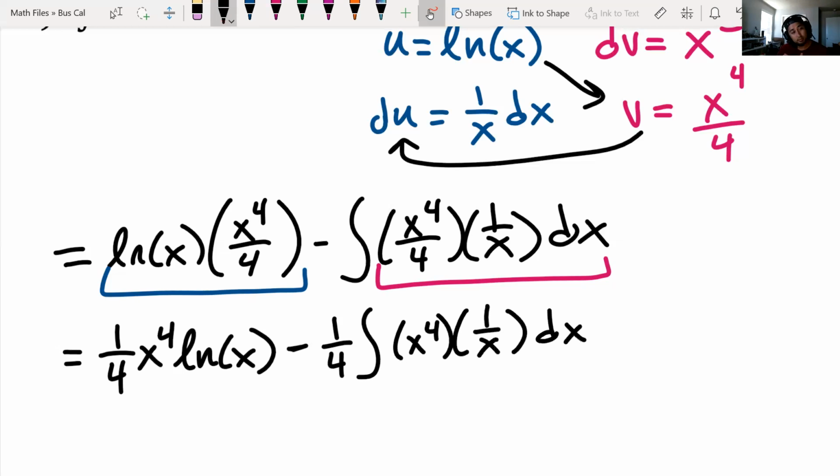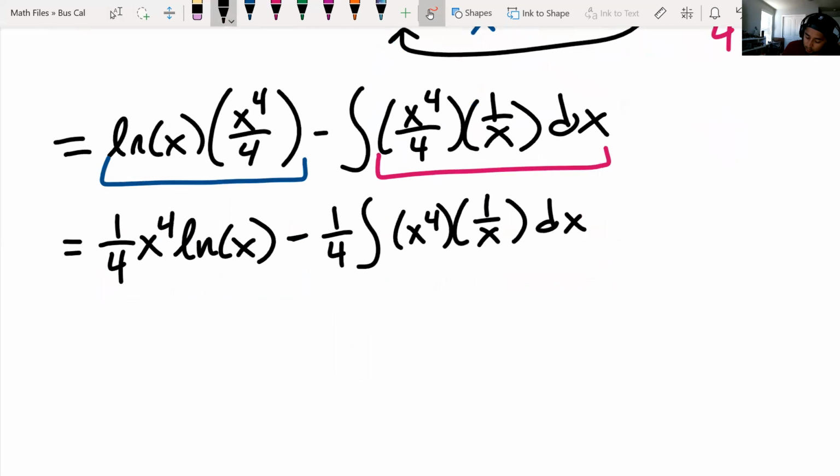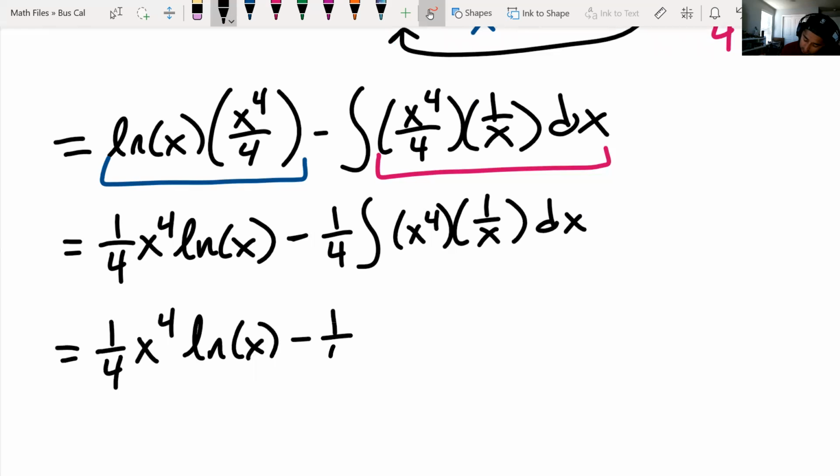So that's all I did there. Move that 1/4 out. And now clean up one more time, and we should be ready to find the antiderivative again. Now, x to the 4th times 1 over x reduces to x cubed dx.